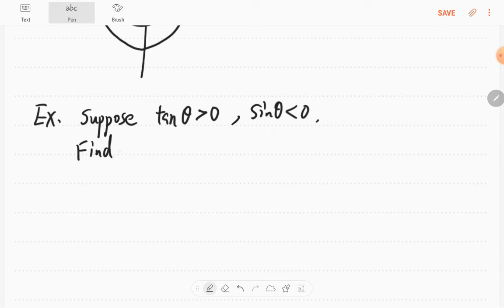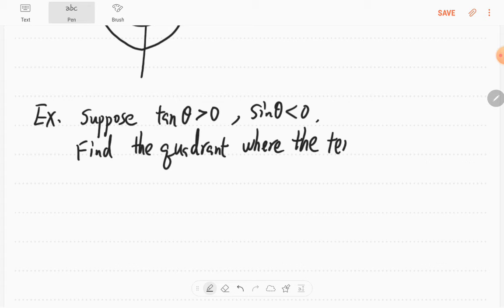Find the quadrant where the terminal side of the theta angle lies in.